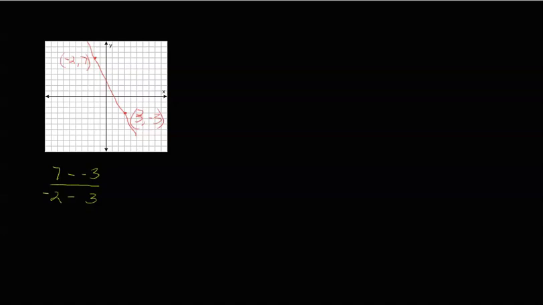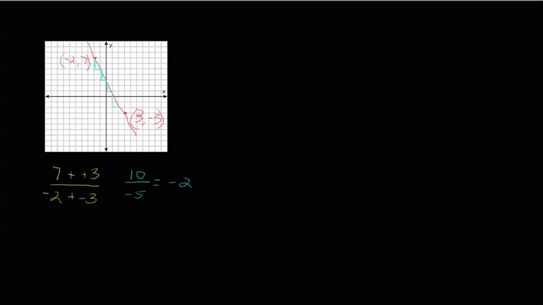Add a positive, so this is 10. Add a negative, so this is negative 5. And so our slope is negative 2. We would see that we go down 2 over 1, down 2 over 1, down 2 over 1. So it works out, and it's negative.